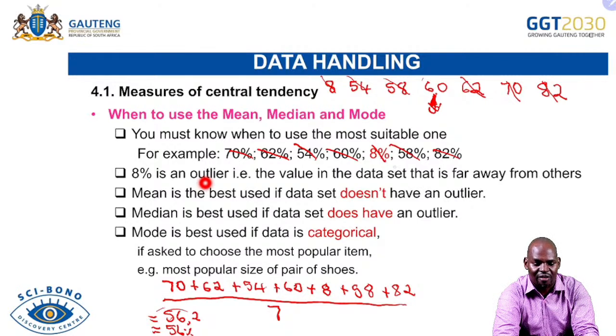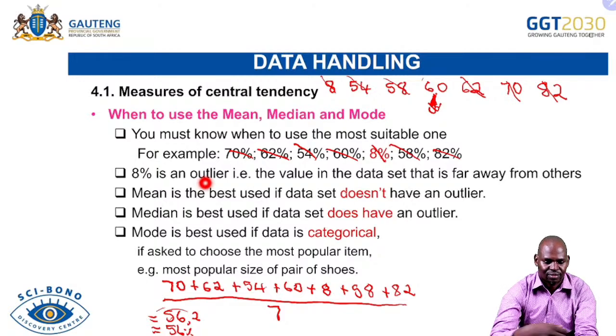So if we didn't have that 8, we were going to choose mean. And then in this case we say median is best used if data set does have an outlier. Like we say, which one are we using? We are using 60%, which is median, because we do have an outlier. So you must just remember that.